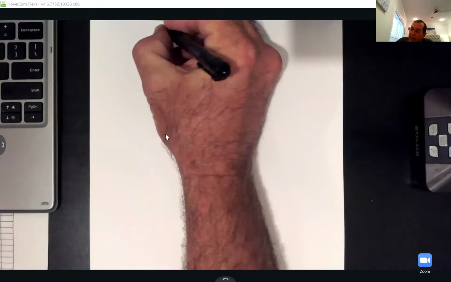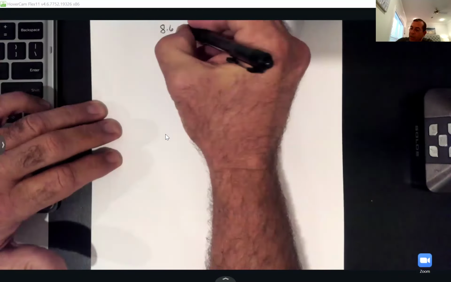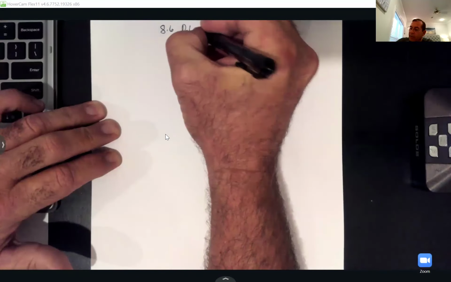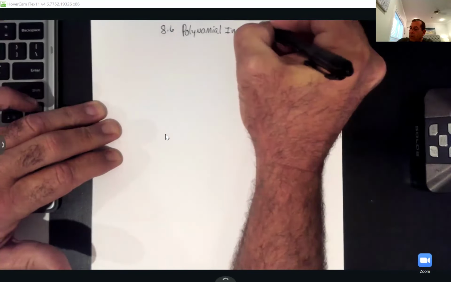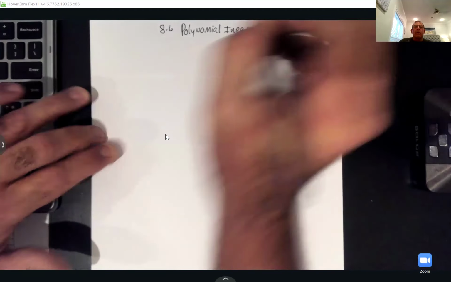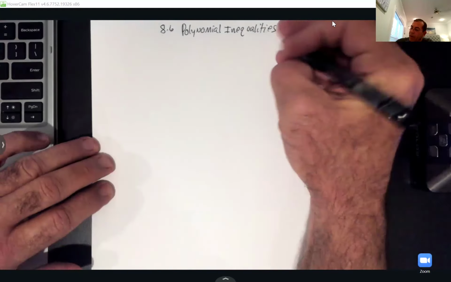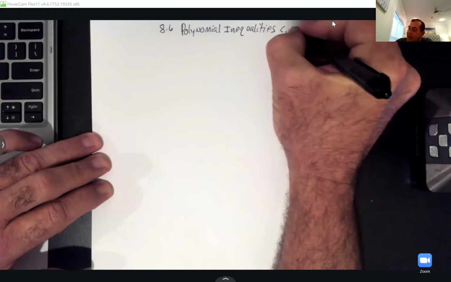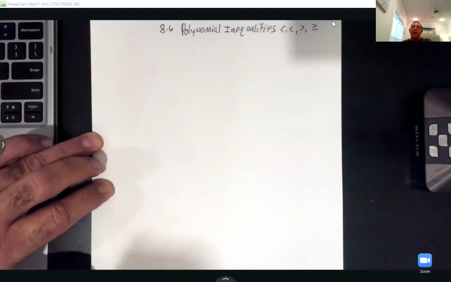All right, y'all. So like I said, 8.6 is going to deal with polynomial inequalities. And remember, inequalities will be less than or equals, greater than or equals.